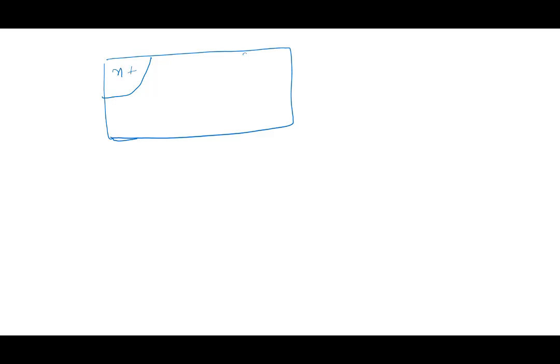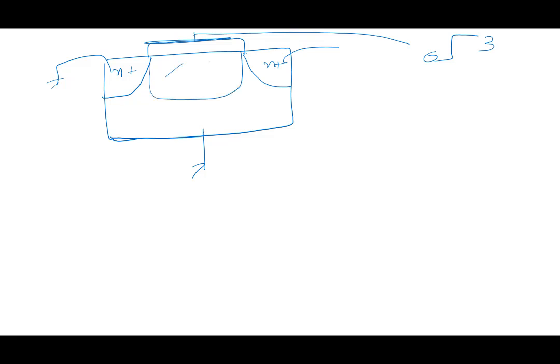A MOSFET, if I draw a MOSFET, this is again where a lot of students carry a misconception in their mind. MOSFET is like this. There is a MOS cap. If I apply a gate voltage, let's say 0 to 3, again I have to create whatever depletion region and all that.